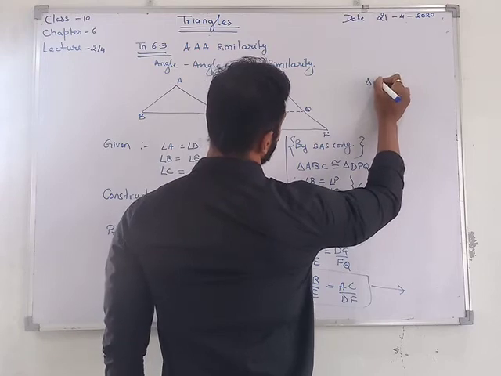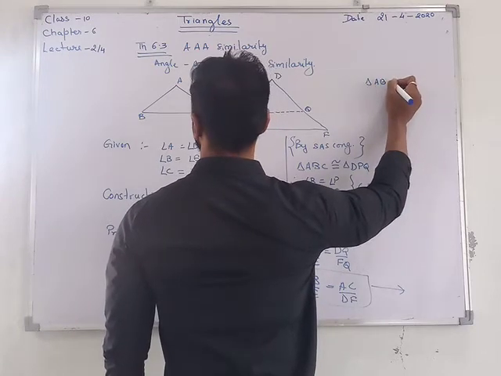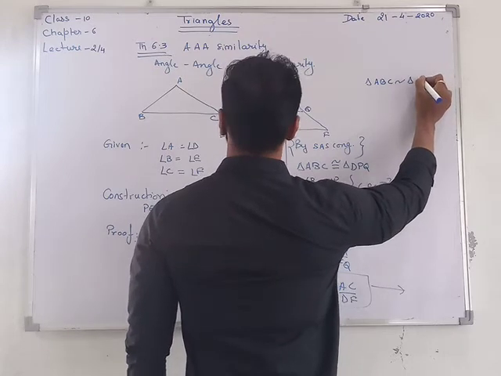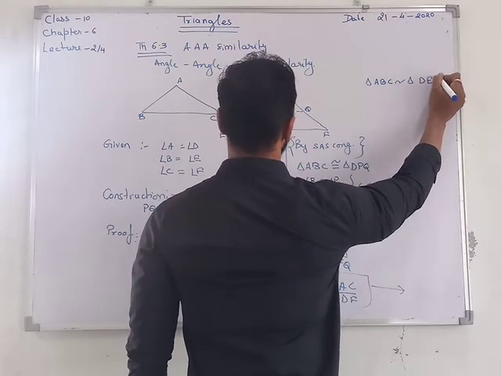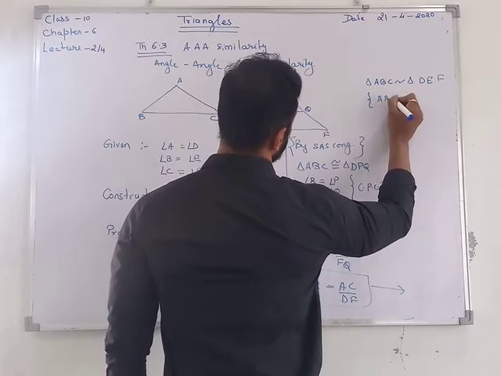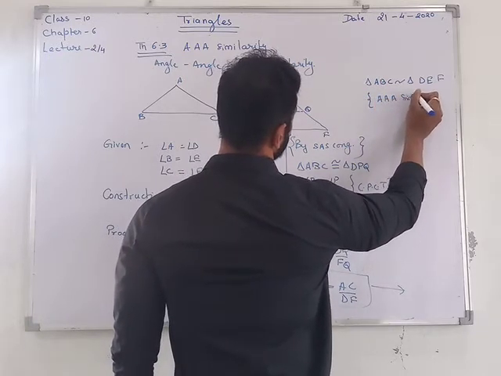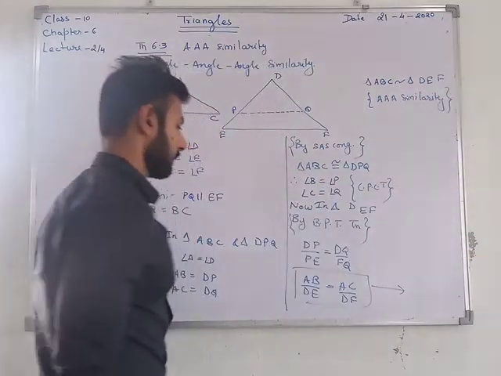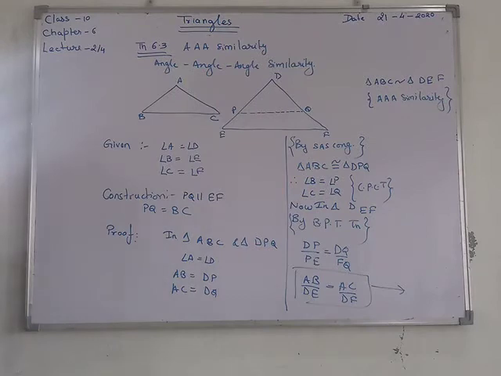Triangle ABC is similar to triangle DEF, and this is by AAA similarity. So in this manner we have to solve for AAA similarity.